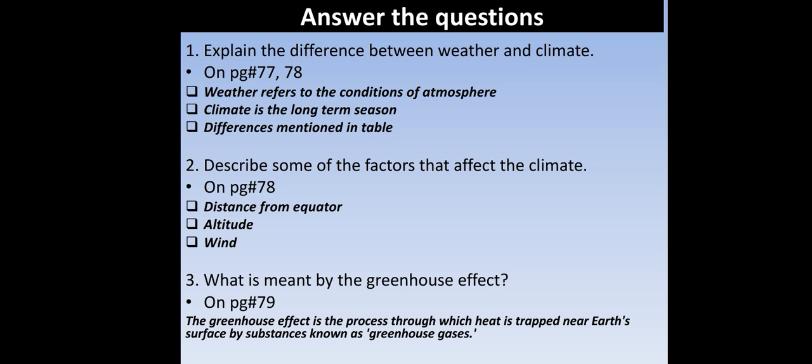When these greenhouse gases increase in the atmosphere, the Earth starts becoming hotter day by day. That is the greenhouse effect. Due to these gases, the Earth becomes warmer and warmer day by day. This is known as the greenhouse effect.